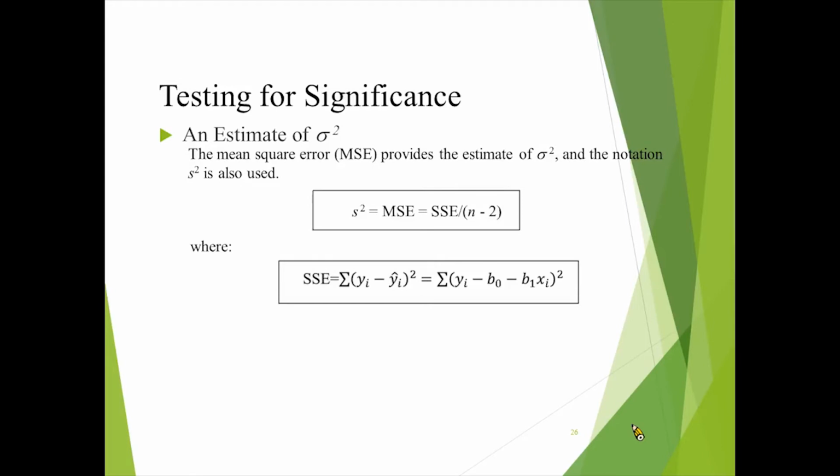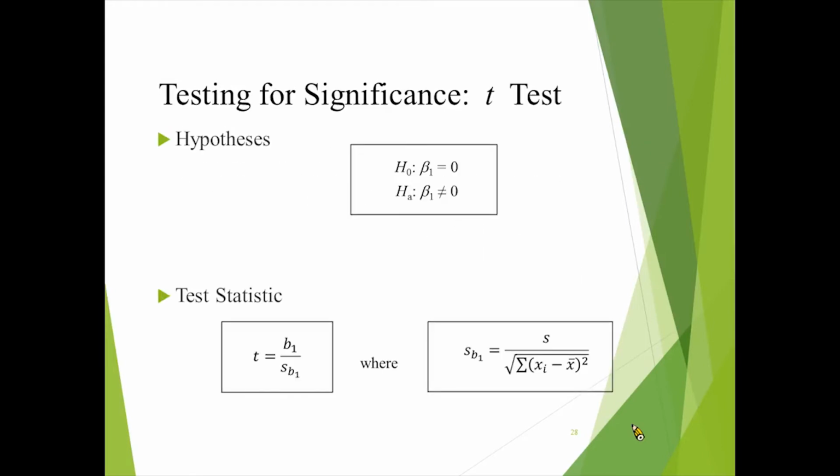Okay, so this is the hypothesis for the t-test, the hypothesis we talked about in the last class. We have two hypotheses: H0, the null hypothesis, and Ha, the alternative hypothesis.